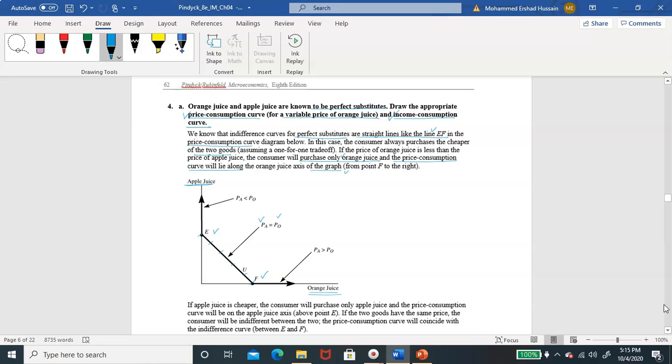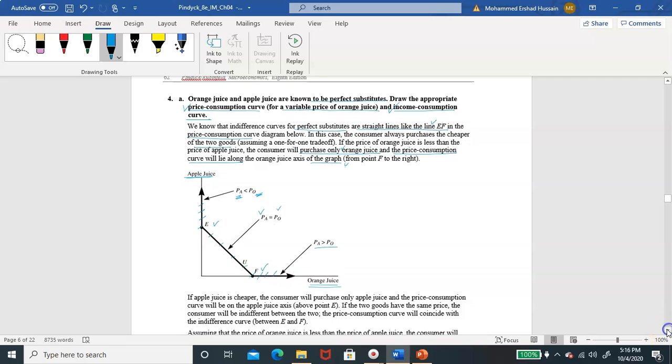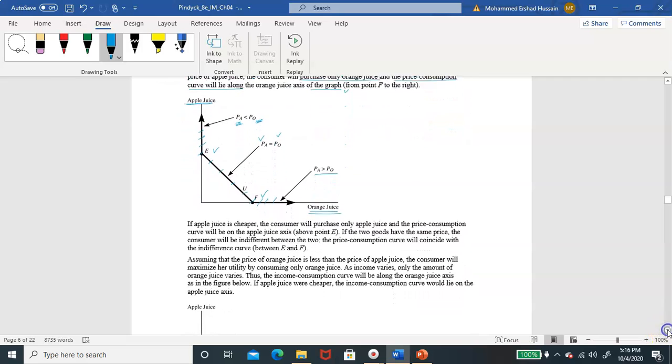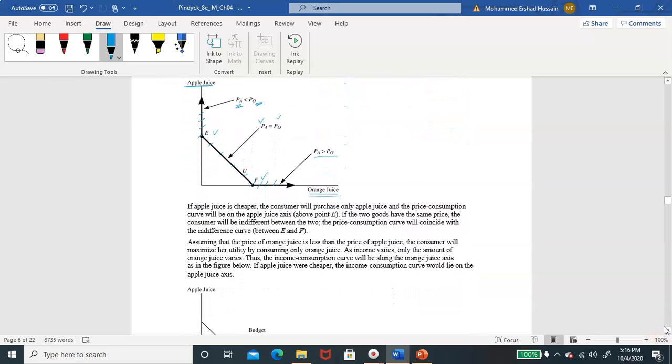It will depend on his indifference curve, right? But if the price of orange is higher than the price of apple, orange is more expensive, then he will only consume apples. On the other hand, if the price of apple is higher than the price of orange, he will only consume orange. See, this is perfect substitutes, so he does not have any problem.